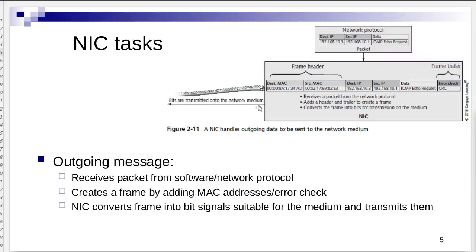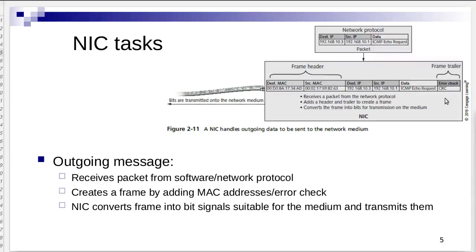So an outgoing message, when you send out a message, then you do the opposite. You take an IP packet, network protocol packet with the destination IP, source IP, and the data, and then the NIC should know what the destination MAC address is, and let's just assume that it knows it. It will put that packet into a frame.